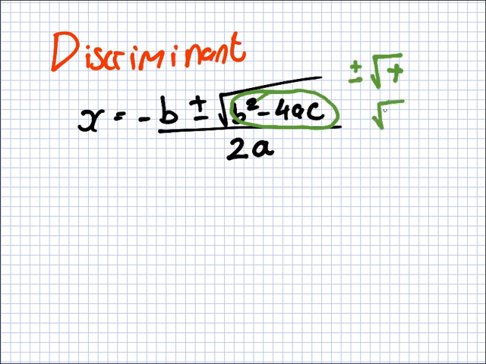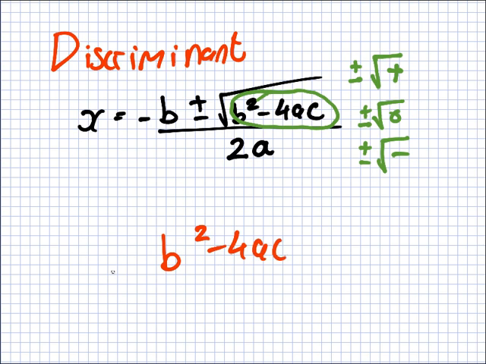If you have root of 0, with the plus and the minus you really only have one answer, not two, because root 0 plus or minus 0 is the same thing. And for the moment anyways, you can't have a root of a negative. So this piece here tells us how many roots we have, and it's called the discriminant.